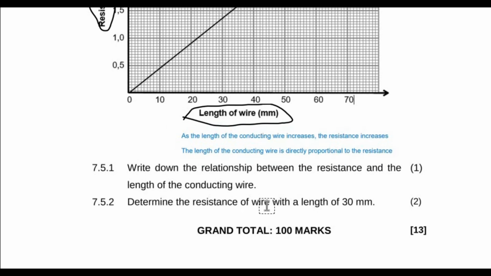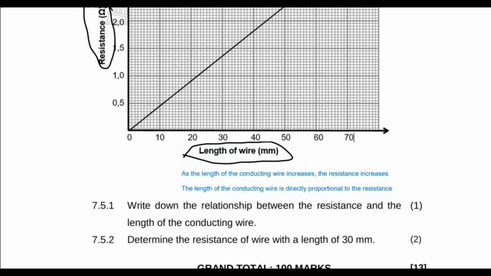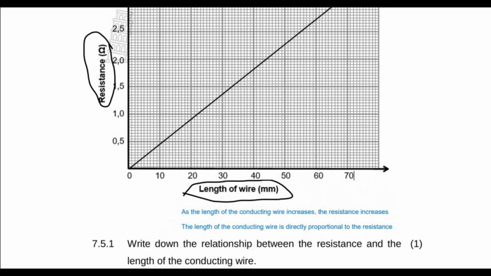Determine the resistance of wire with a length of 30 millimeters. So here it is just a matter of, I wish I had a ruler, saying okay, 30, there's 30. I wonder if I'll be able to draw in a straight line. Trying to get to that point somewhere there. Ooh, that is not a straight line.